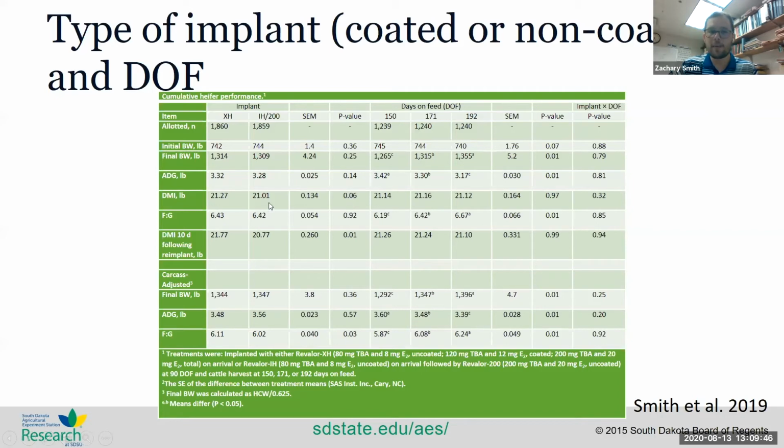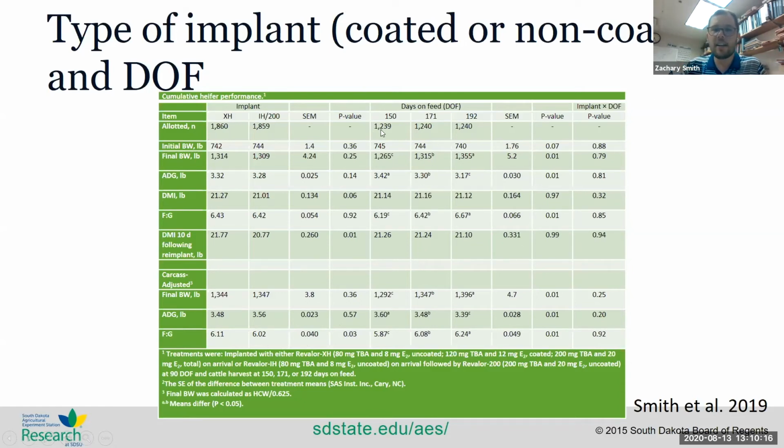At least in this particular study, heifers given the XH were not removed from their pens for reimplanting, and they had a tendency to have greater intake the 10 days following reimplant than the heifers here in IH200 that were removed from their pen. And then there was a difference in feed conversion, no difference in gain, but these heifers ate more, so they had poorer feed conversion efficiency.